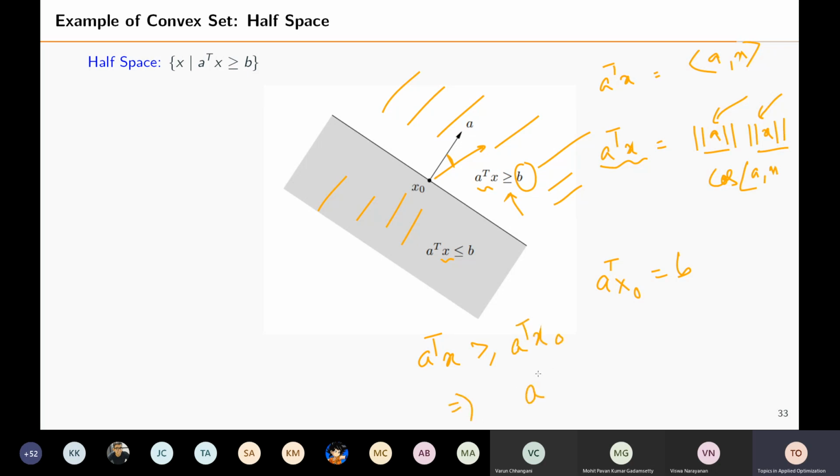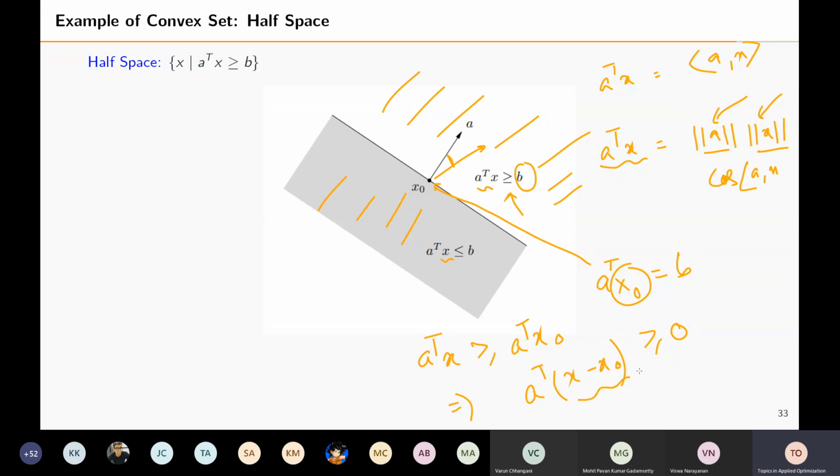So this implies A transpose (X minus X naught) is greater than or equal to 0. Okay. So we have to first find a point where it achieves B. Okay, so let that point be X naught.